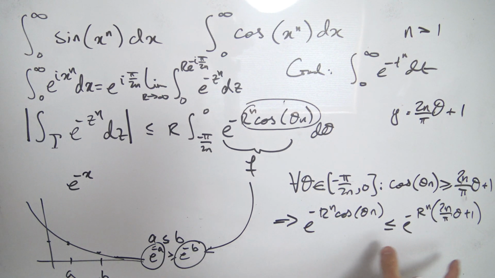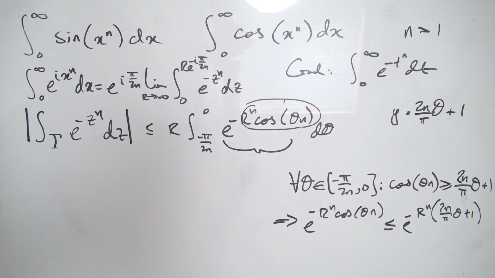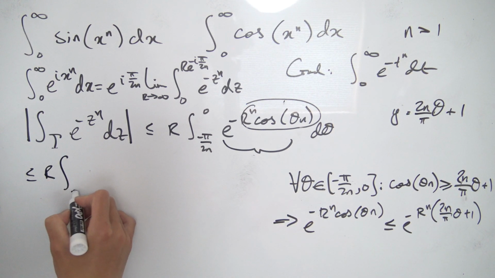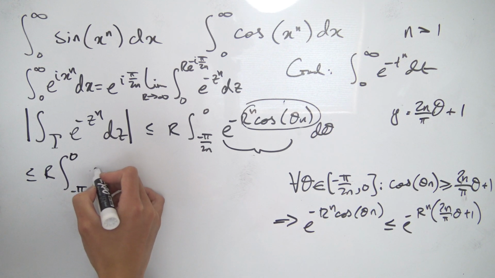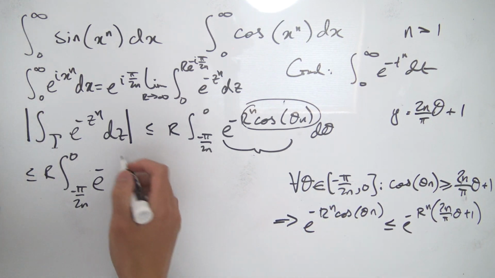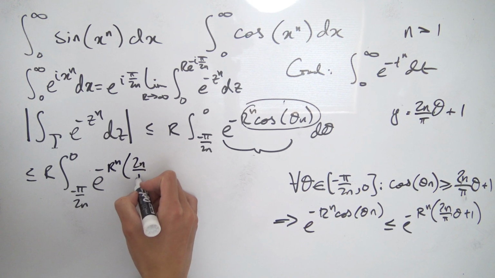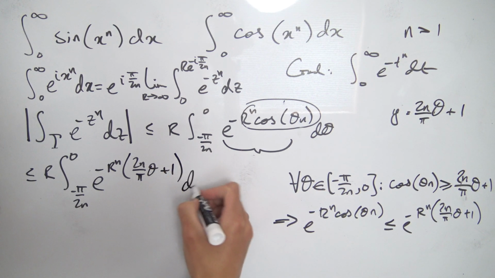So now let's insert this into our integral, and we get that this integral is less than or equal to r times the integral from minus pi over 2n to 0 of e to the minus. And now instead of this original function, we're going to replace it with this one over here, so e to the minus r to the n times 2n over pi times theta plus 1, like so, d theta.